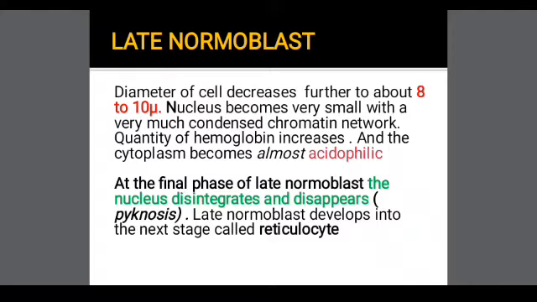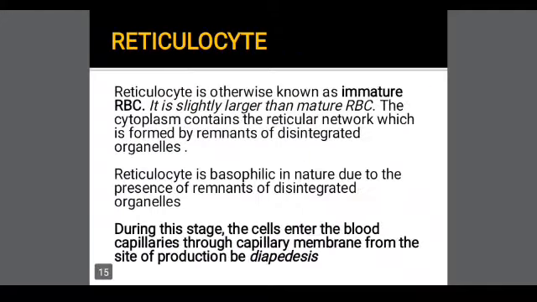That phenomenon is also called pycnosis. You can look it up. It's a phenomenon that characterizes the disintegration and disappearance of the nucleus at the final phase of late normoblast. Then the late normoblast develops into the next cell stage called the reticulocyte stage.